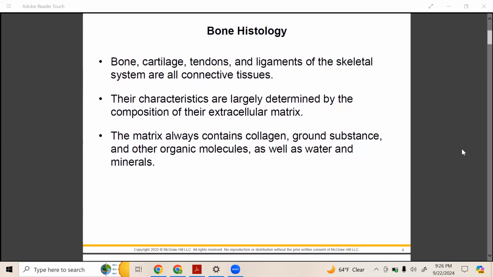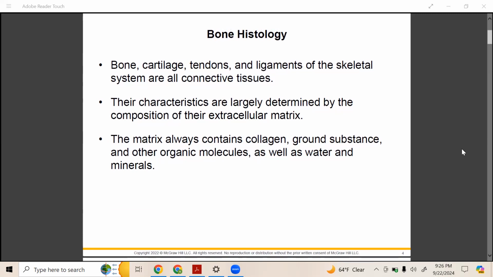Okay, bone histology, or our study of bone tissue. So bone, cartilage, tendons, and ligaments are all in the connective tissue category. And if you remember when we talked about connective tissue, their characteristics and their function are largely determined by their extracellular matrix, or the composition of that extracellular matrix.